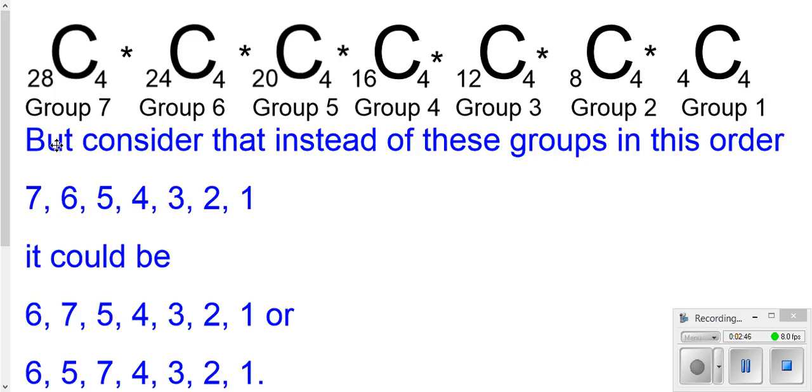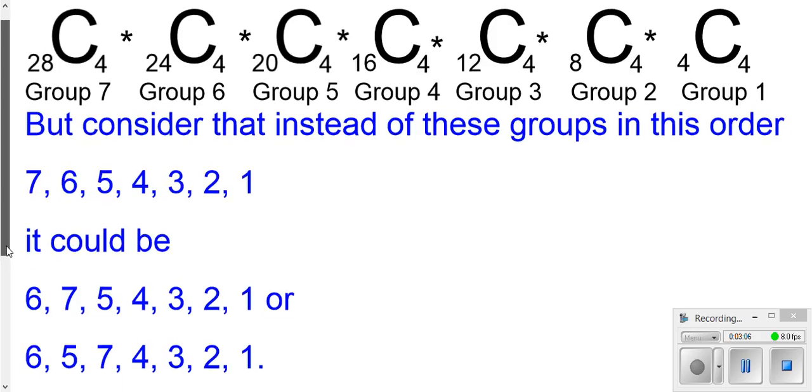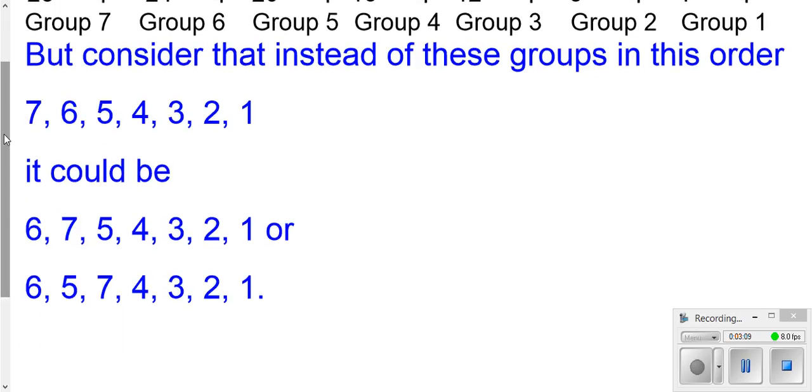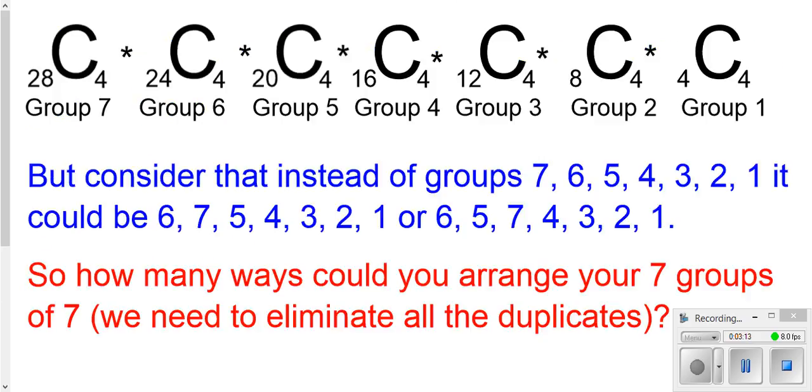But do these groups have to occur in that particular order? So we have group 7, 6, 5, 4, 3, 2, 1. It could be where we just switch the 7 and the 6 around. Or we go 6, 5, and then 7. Well, we need to be careful of this because each one of these situations is really a duplicate.